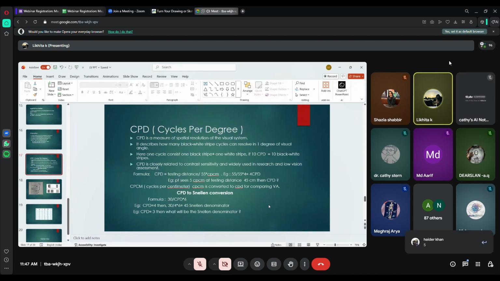That means in the next example, if the patient sees 5 CPCM at testing distance 45, we already have a CPCM value and the testing distance. That means we need to convert as per the formula: 45 divided by 55 into 5.